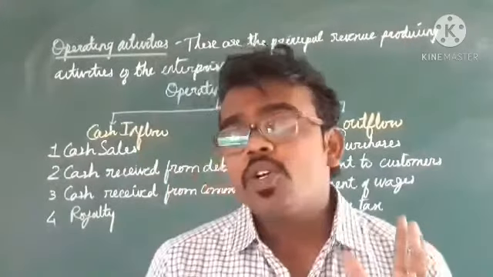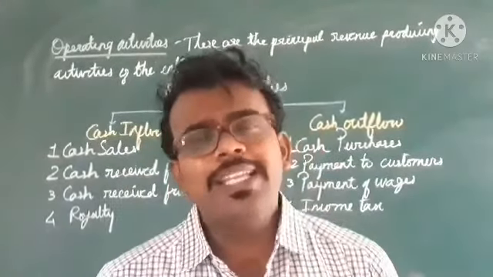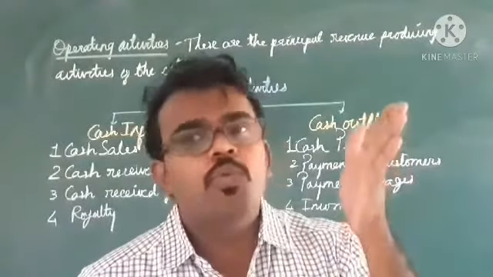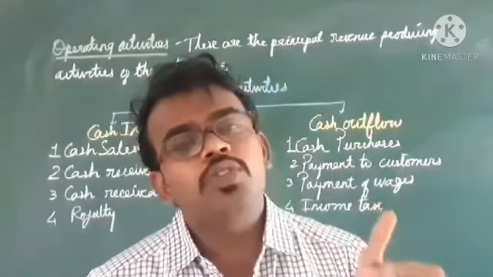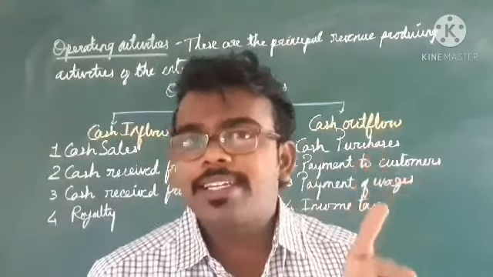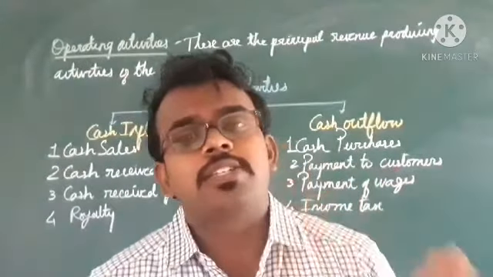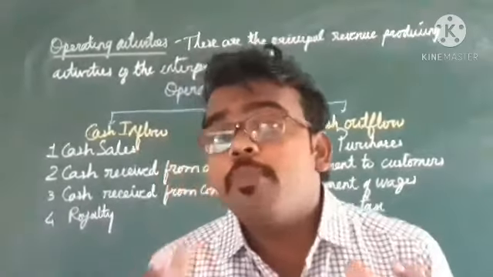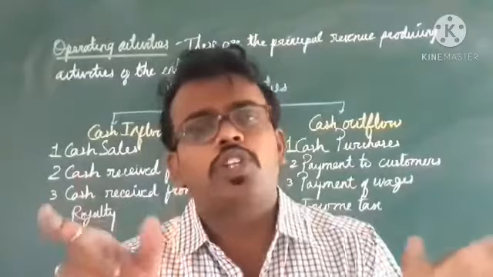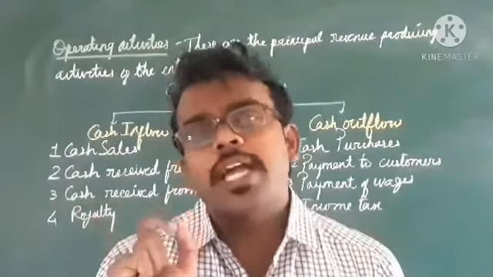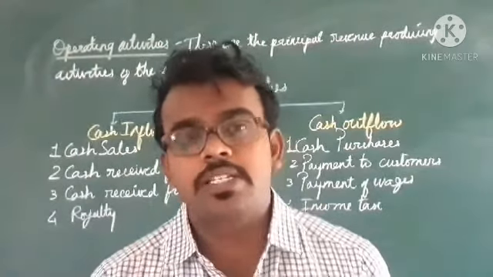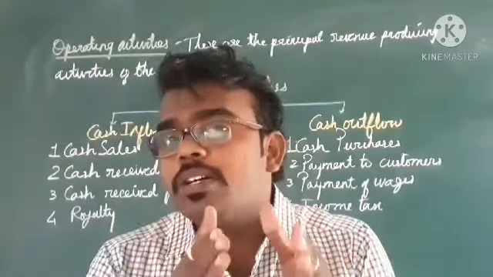So, to understand this operating activity, the main thing you must understand is that you have to list out what all the cash items are, what all the non-cash items are, what all the current assets and what all the current liabilities are.